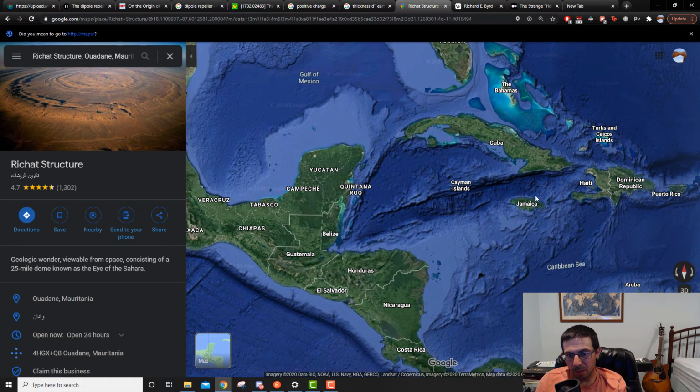interestingly, there's this region between the Yucatan Peninsula and Honduras in the ocean floor. It looks like it ripped apart here, literally.